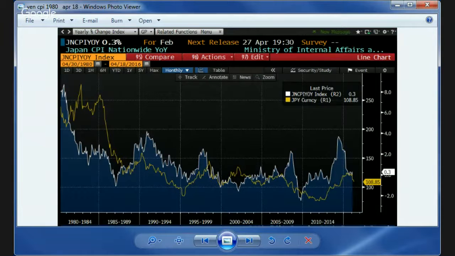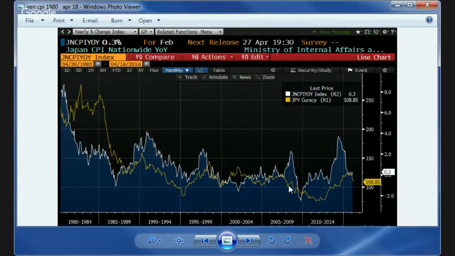And you can see there's not a lot of correlation here. The mild correlation that does exist, from back in 1985 and all of these periods back here, is a correlation you would expect because it is a correlation through central banks.